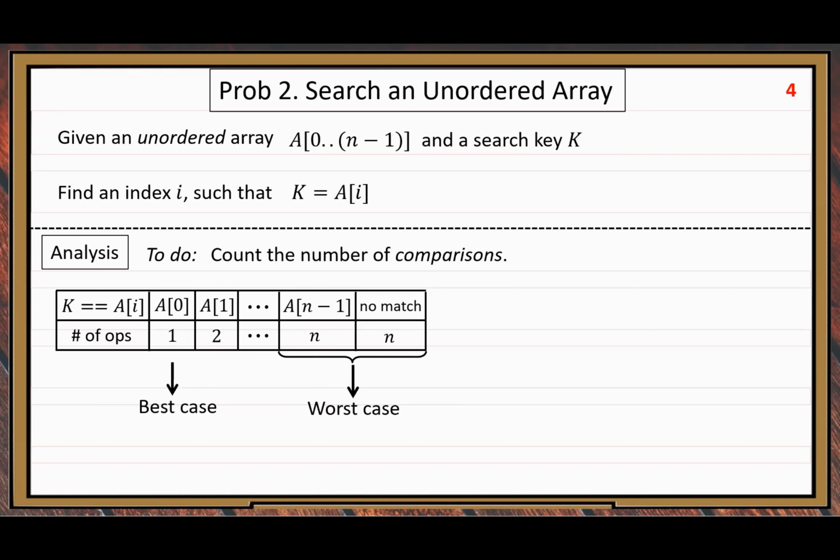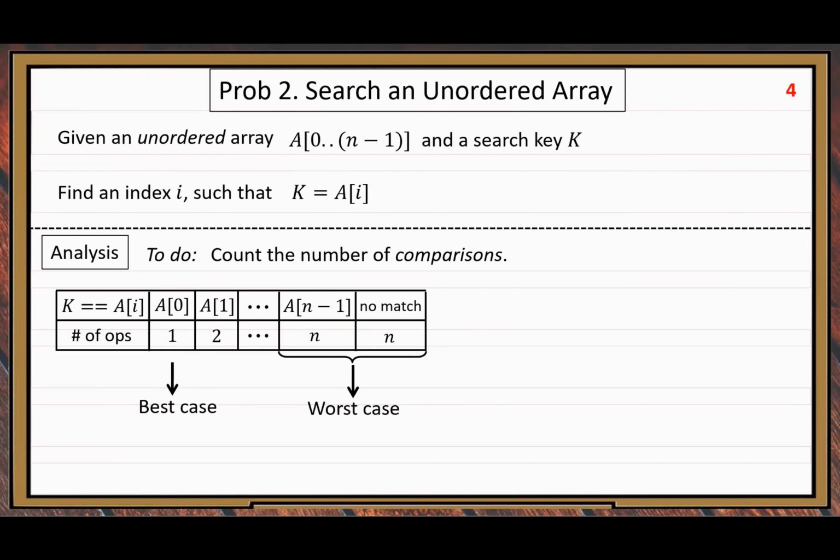Let me just ask you. If I use the best case to describe overall efficiency, is it a good one? That's not good, right? If I use the worst case to describe overall efficiency, do you think it's good? Still not good, right? Because it's not that bad.